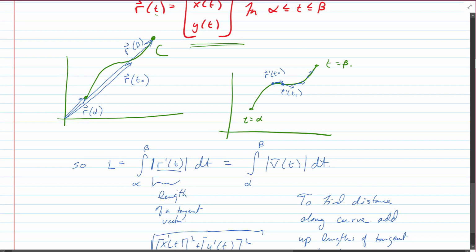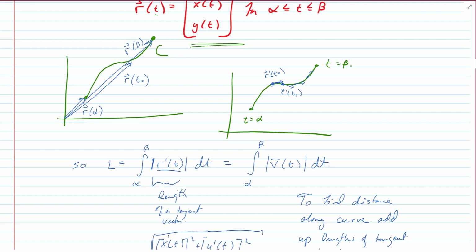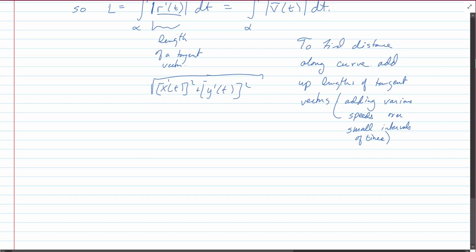Because each one of these little vectors, its length is simply the speed of the object at that point in time, and then we consider that over a small interval of time. And so what are we returning to? We're returning to a very fundamental idea in physics, that distance can be thought of as the speed the object's traveling, the rate, times some increment of time.